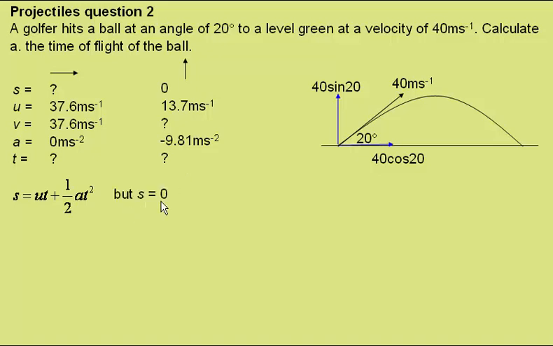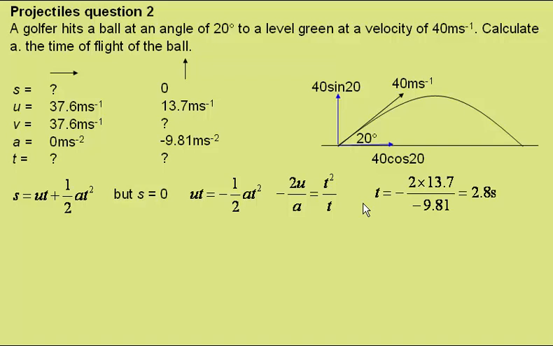Remembering that s equals 0, we can write ut is equal to minus a half at squared, which gives us minus 2u over a is equal to t squared over t, which we can simplify to t is equal to minus 2 times u, which was 13.7 meters per second, over a, which was minus 9.81, giving a time of flight of 2.8 seconds. I can add that value to my table here, as it might come in useful later on.